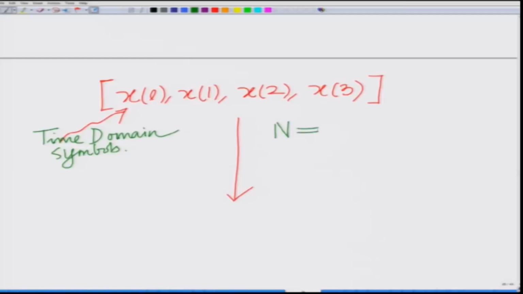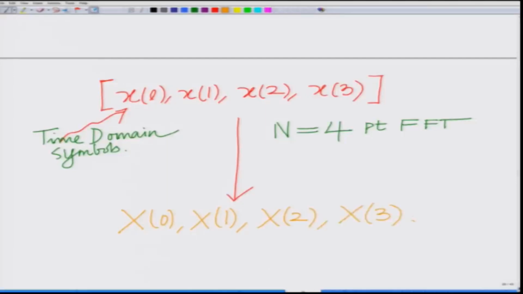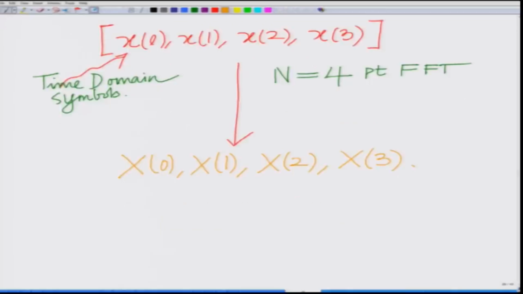what we have is simply the capital XLs, which are the FFT coefficients of the transmitted symbols. So, we take the n equal to 4 point FFT of this, and we get the capital X's, which are X0, X1, X2, X3, and these are simply the frequency domain FFT coefficients of the time domain symbols.